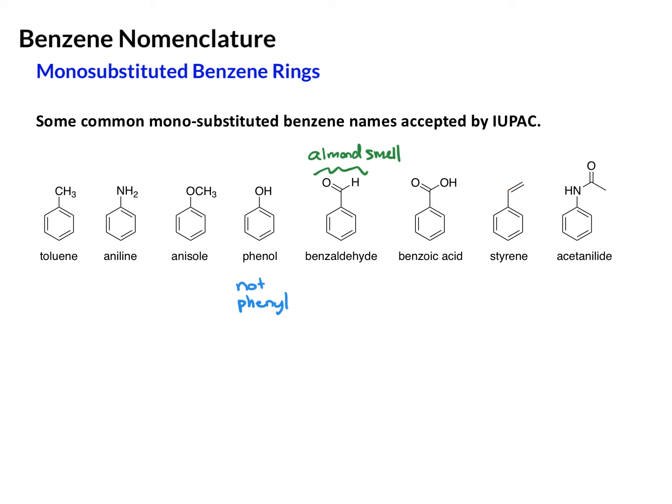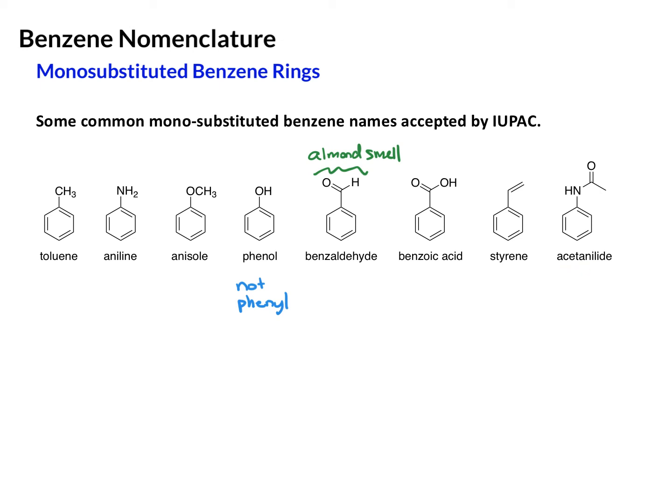A simple double bond attached to benzene is called styrene, and this is the monomer unit that makes up polystyrene, which is styrofoam. So when a bunch of these link together, you get styrofoam. And then finally, when we have this amide group on benzene, this is called acetanilide.